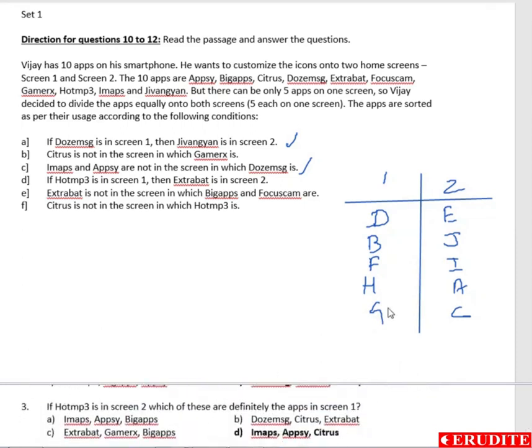If H is in screen 2, okay, I have to change. Start with that. H is in screen 2.